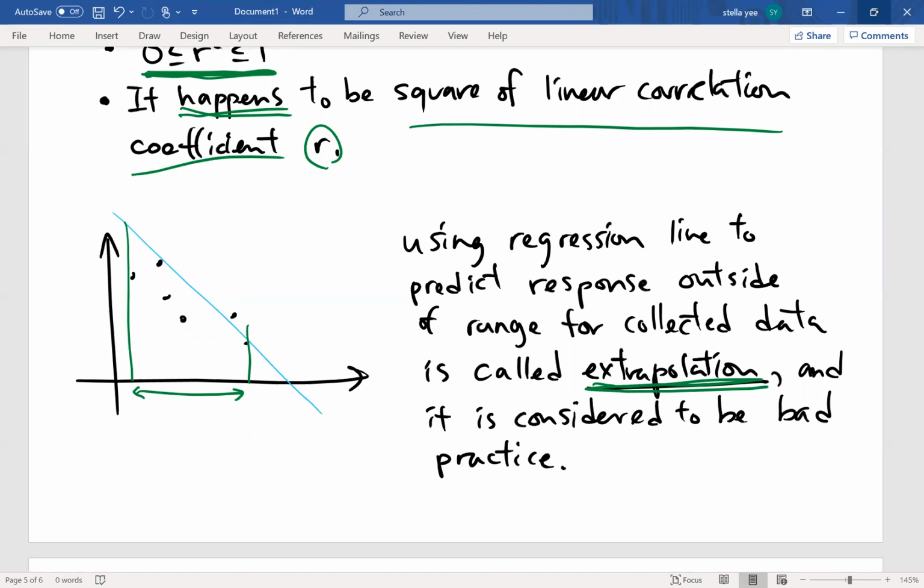So for example, let's say I've collected these few different points, maybe by looking at the price of a used car or something. Maybe x is how old the car is and y is the price that it's sold for. If you plug in an x value that's way high, like here, this regression line would predict a negative price, right?